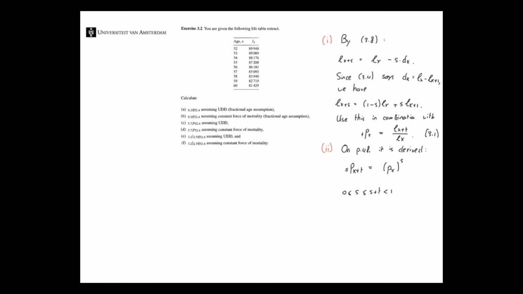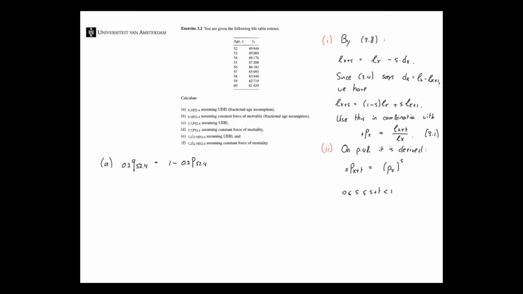In any case, we are now ready to calculate some of these probabilities, starting with A. In A, we have to compute the probability that somebody aged 52.4 years dies within 0.2 more years. Now we know by definition that this is equal to 1 minus the probability of survival for 0.2 years from 52.4.